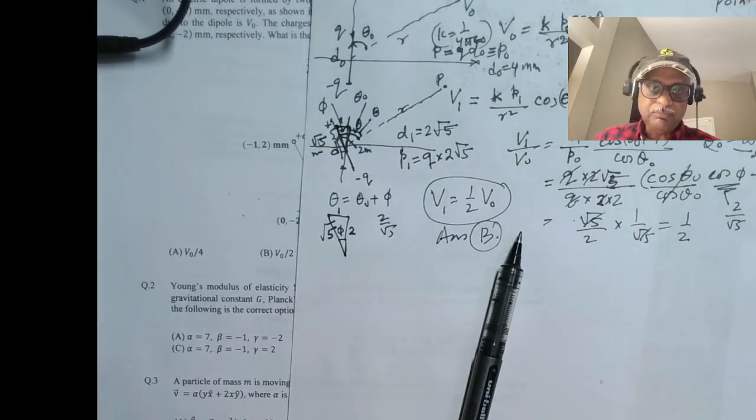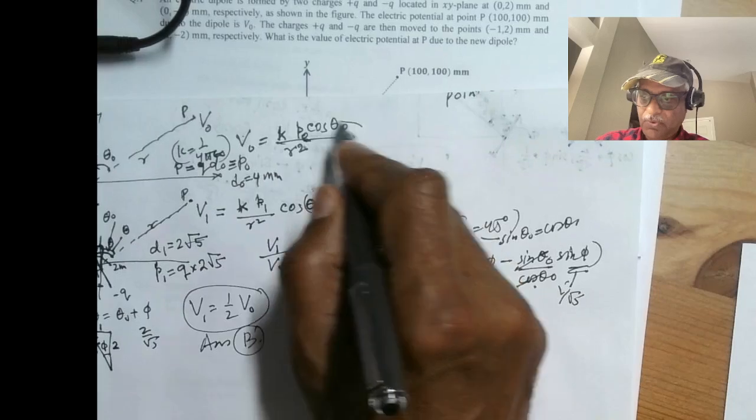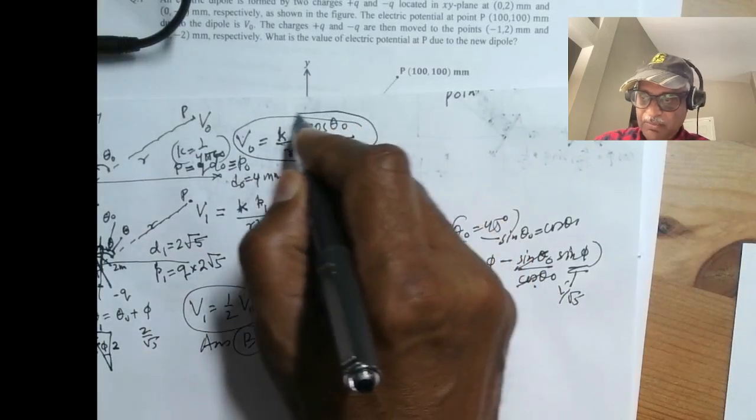Okay. So that's how we can solve this problem very quickly. I think basically 2 minutes of work and it should be done. For a problem like this, you have to be prepared with this formula. It's an important formula.